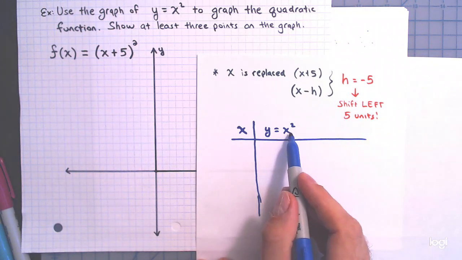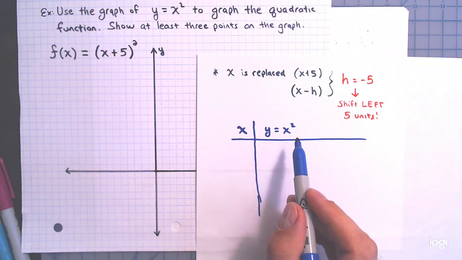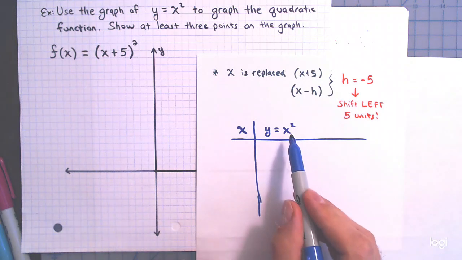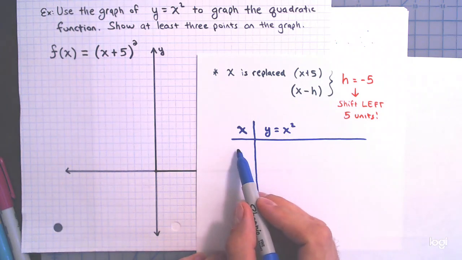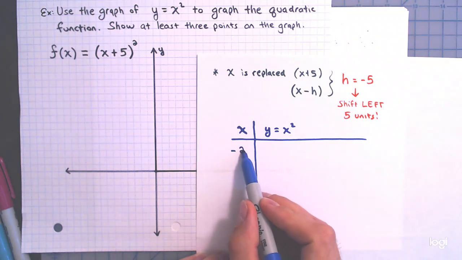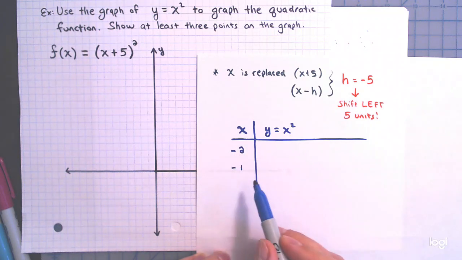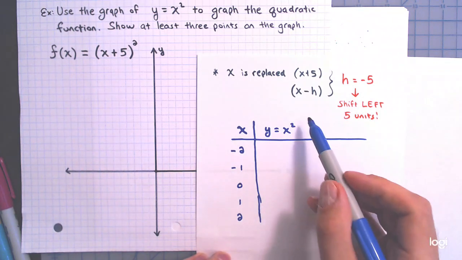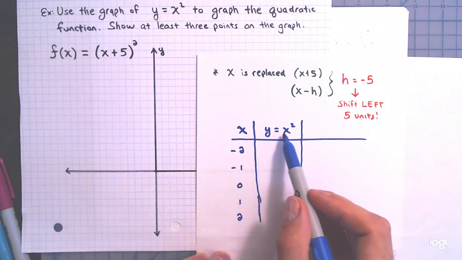There's no restriction on the value of x here, right? There aren't any denominators that could possibly be 0 or whatnot. No even roots. So I personally, and if you've probably seen me do this in other videos if you've been watching, I'm going to plug in the values -2 to +2, right? Just the integer values from -2 to 2. We'll get 5 points. And then here's how the output's calculated.